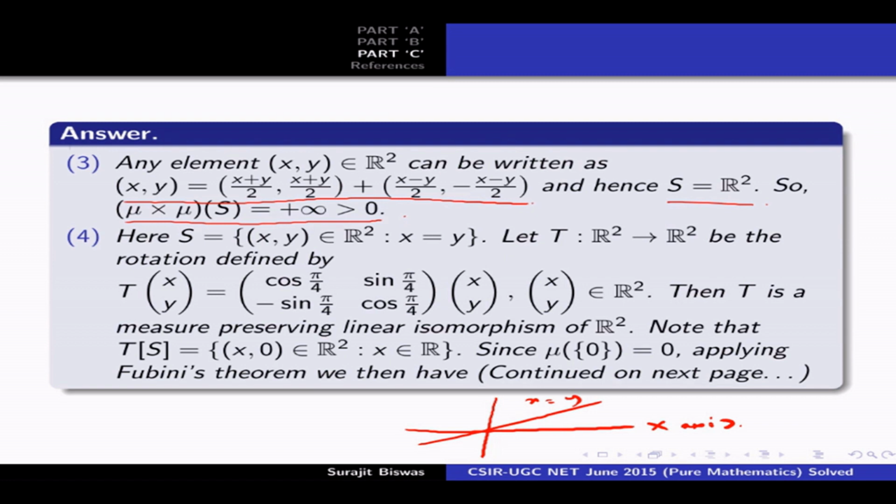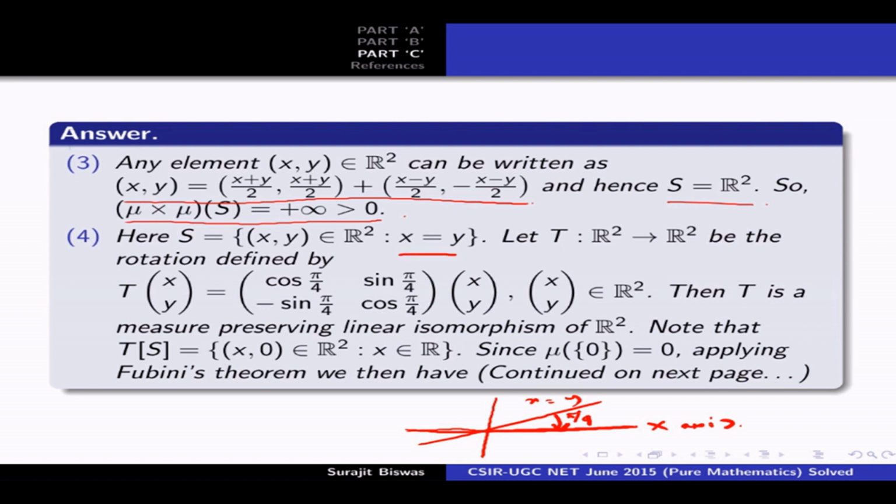We will apply a pi by 4 rotation in this direction, and this rotation is measure preserving, and therefore the measure of this line x equal to y would be equal to the measure of the x-axis. We'll show by using Fubini's theorem that the Lebesgue measure of the x-axis in R2 is equal to 0. So that's the idea.